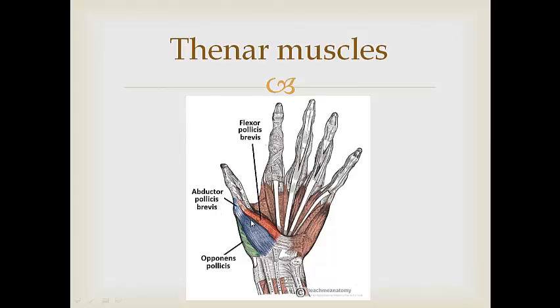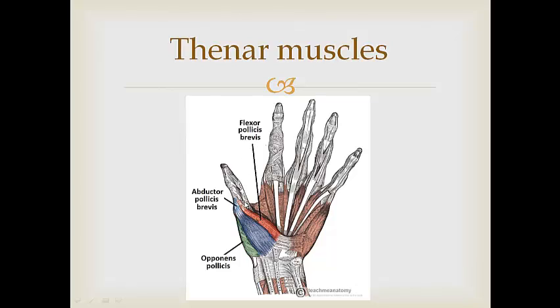Okay, and then underneath the abductor pollicis brevis, you're going to have two muscles. One of them is going to be found medially. The other one is going to be located on the lateral side. The one that's on the medial side, so nearer to the palm, that's going to be the flexor pollicis brevis.